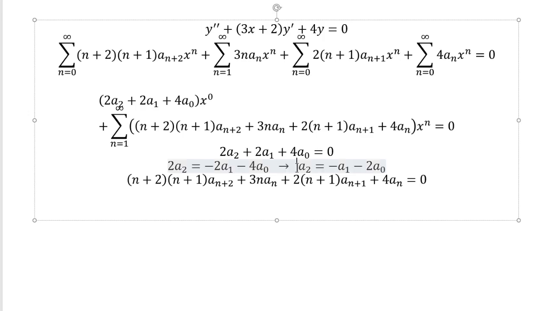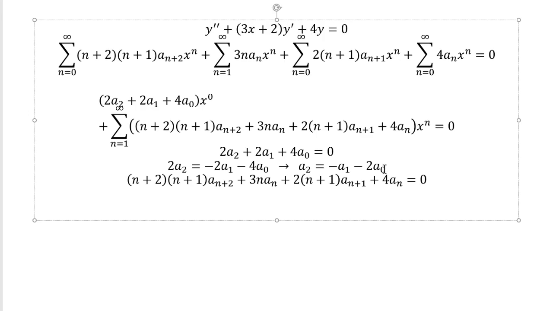Now, what does this mean? Well, see, our differential equation doesn't have an initial condition. If the initial conditions were given, those would be values of a0 and a1. So you can think of a0 and a1 to be variables that are yet to be determined if there were initial values.